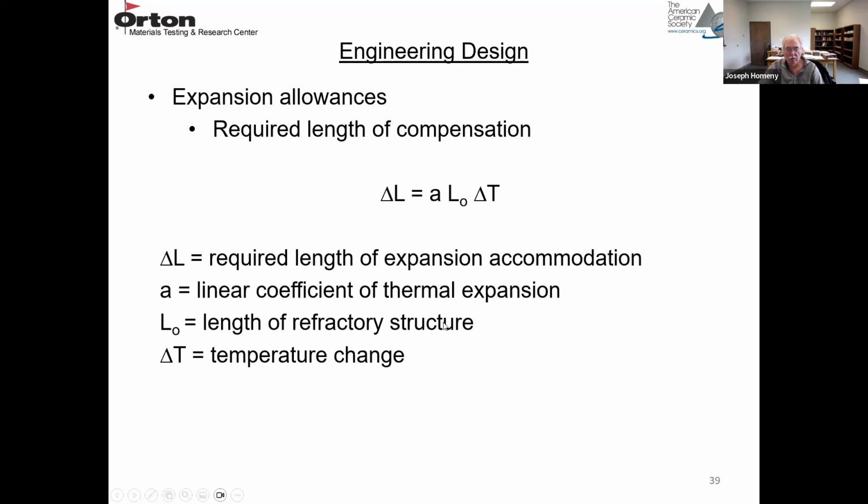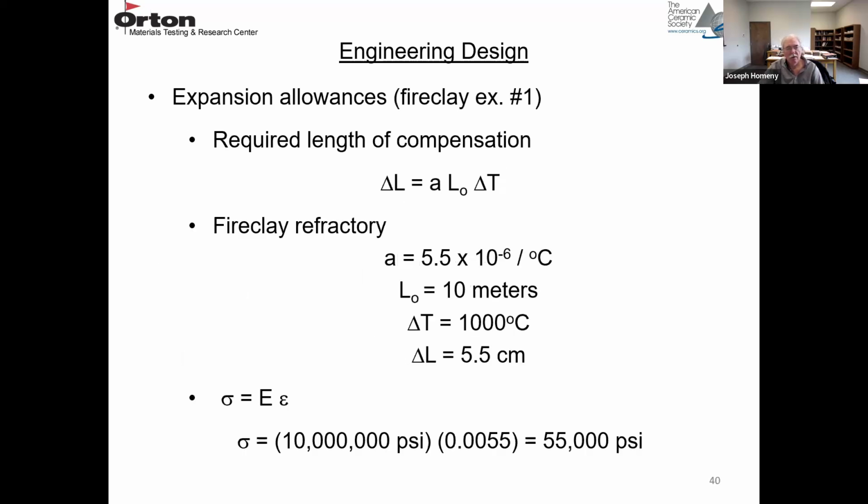L0 is the length of the refractory structure, the width of a wall perhaps, and delta T is your temperature change. So the change in length equals the thermal expansion coefficient times the original length of a refractory wall times the temperature change delta T.